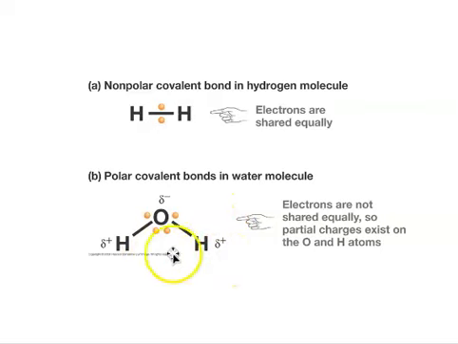The hydrogen atoms in a water molecule are partially positive because they sit far away from the electron pairs. The oxygen atom is partially negative because it sits very close to the electron pairs. Any molecule that contains polar covalent bonds has these partial charges within it.